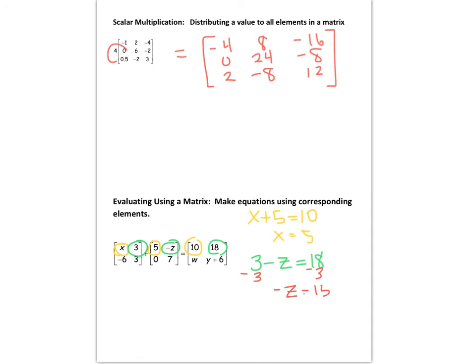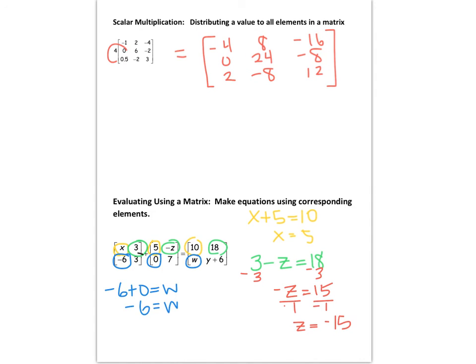So 15 equals negative z, but if I divide by negative 1, then z equals negative 15. Let's see, negative 6 plus 0 equals w. That doesn't sound difficult. Negative 6 plus 0 equals w, so w must equal negative 6. Mental math there.